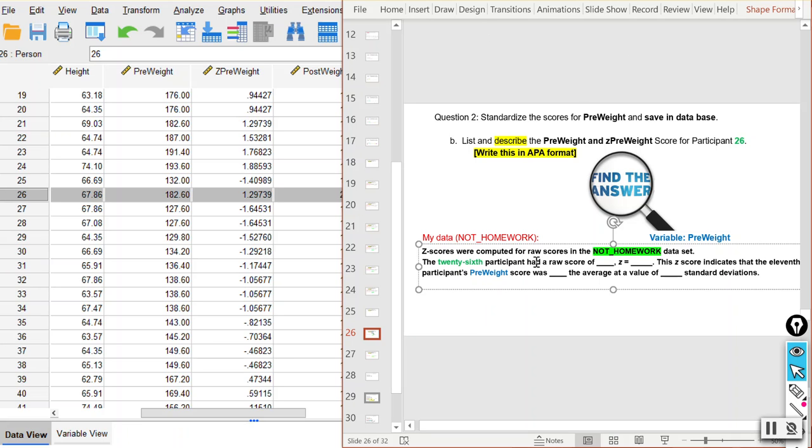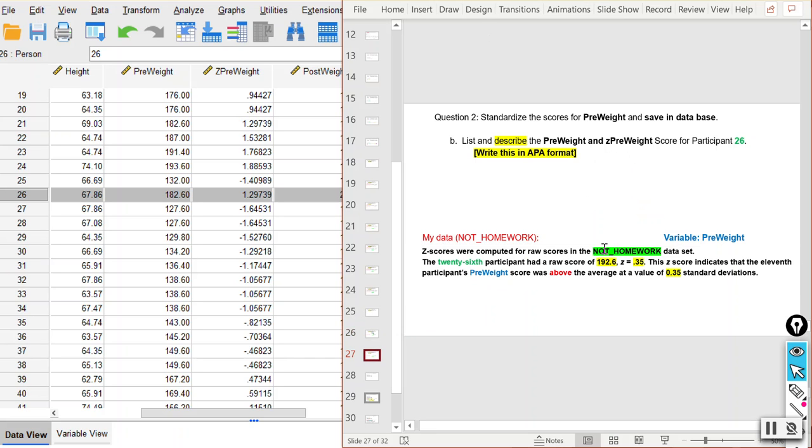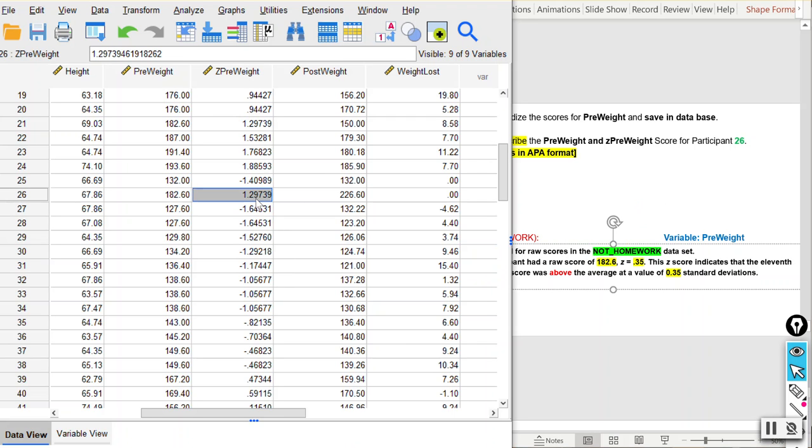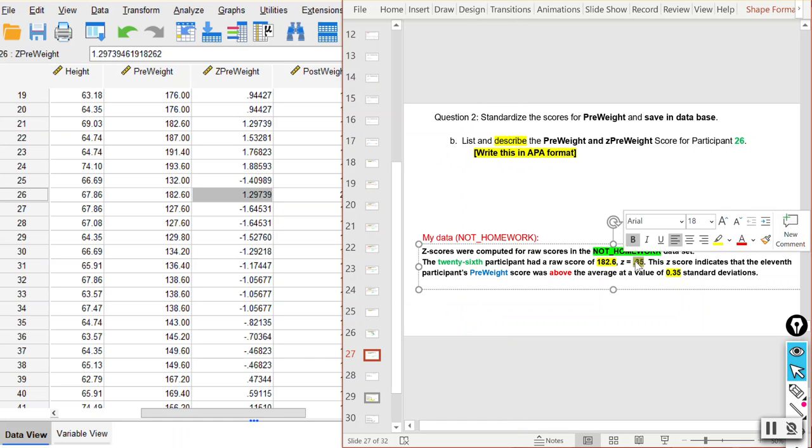So the 26th participant had a raw score of 182.6, and then their Z score is going to be 1.29. Actually, if we round this up, the 7 is going to make this into a 9, a 10, so this is going to be 1.3. So this is going to be 1.3 standard deviations, or a Z-score of 1.3.